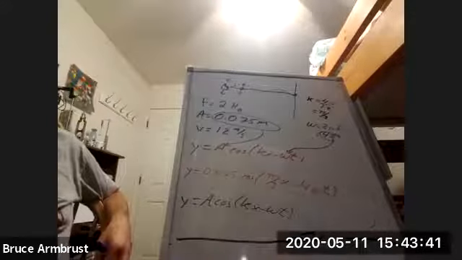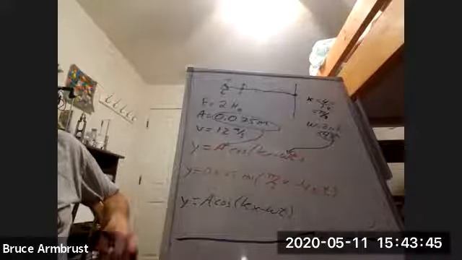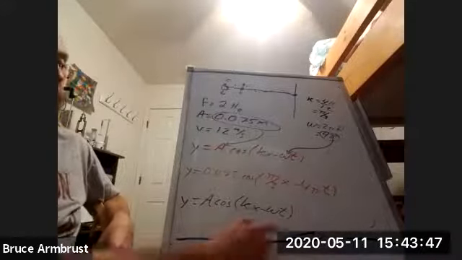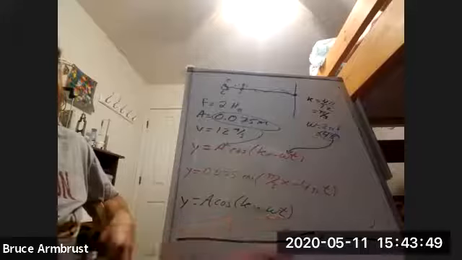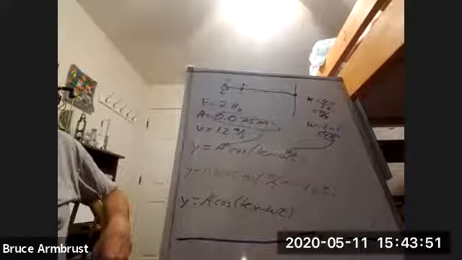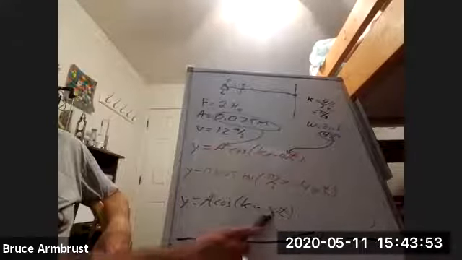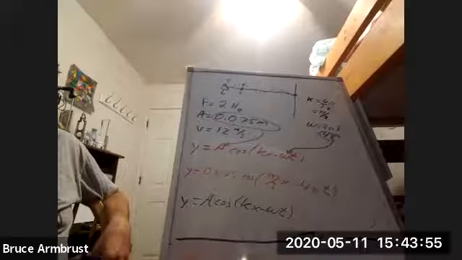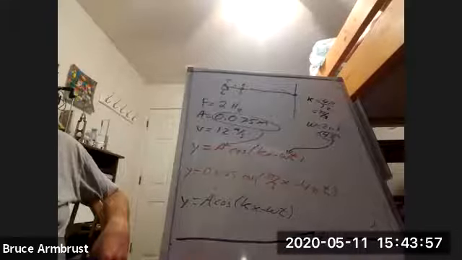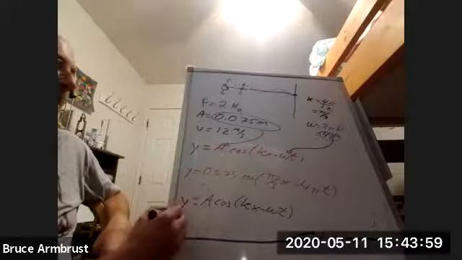If time is fixed, so we say we're taking a picture at time equals 2 seconds or 10 seconds or whatever, this part, the omega t, is now constant. And all that's going to do is give us some sort of a phase shift for our graph.